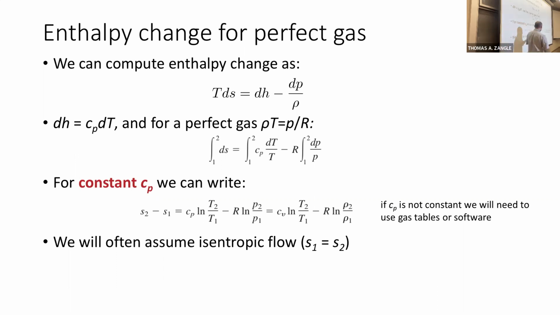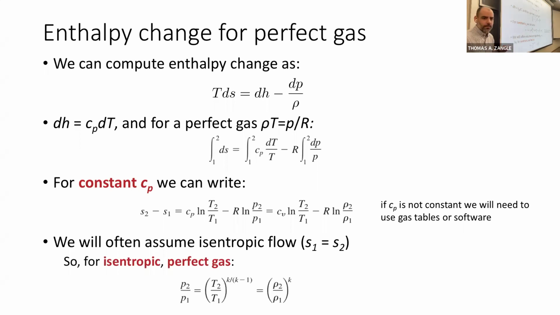But when we have isentropic flow, S2 is equal to S1. And so we have this expression for an isentropic perfect gas. We can relate the pressures to the temperatures with the exponent of the specific heat ratios, or the densities.